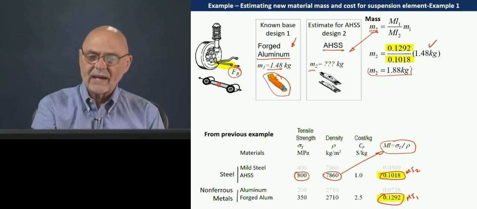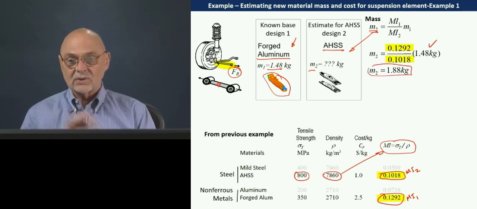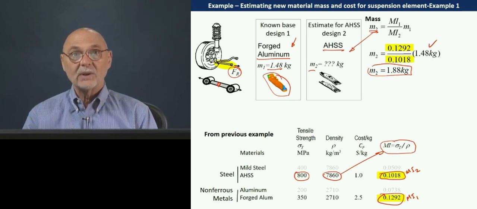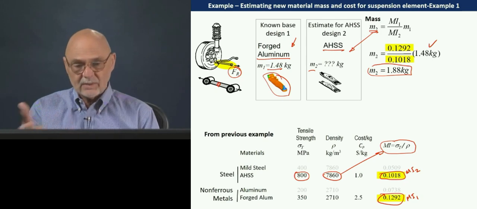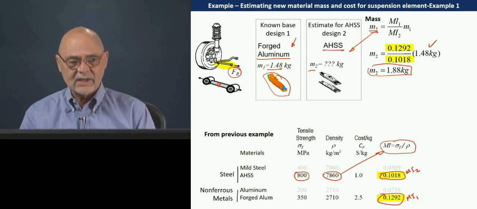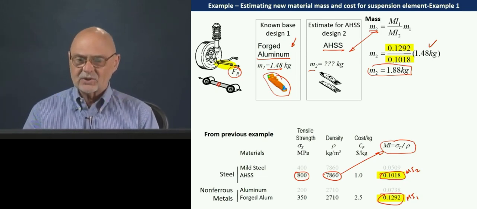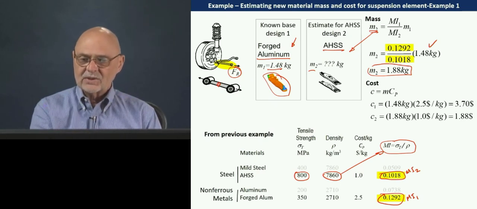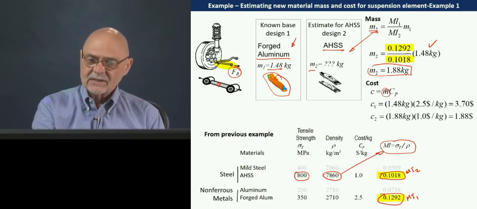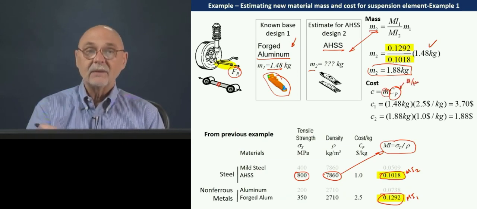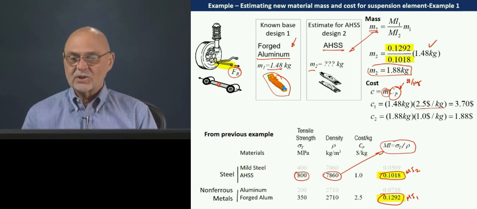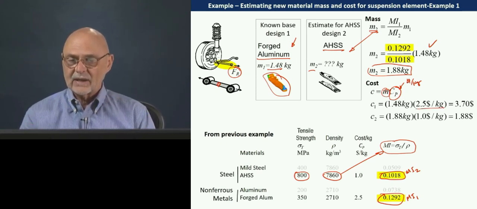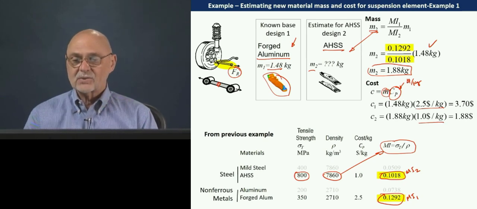We would find that the mass of this advanced high-strength steel lower control arm would be about 1.88 kilograms. Presumably we would be doing this to save some costs, so let's see how much we would save. We take that mass times C sub P, the dollars per kilogram for each material: $2.50 per kilogram for forged aluminum, and $1 per kilogram for advanced high-strength steel.